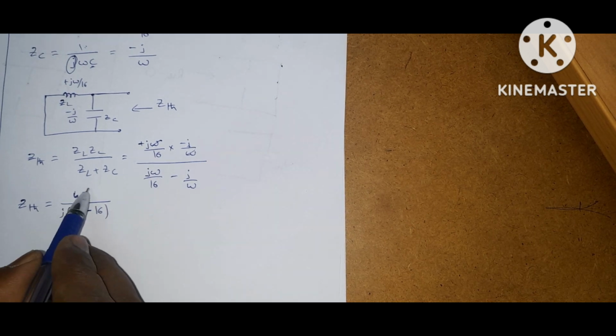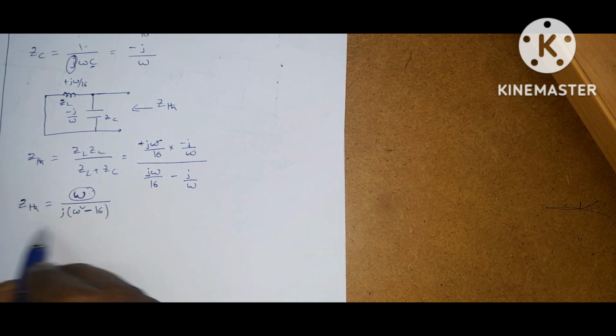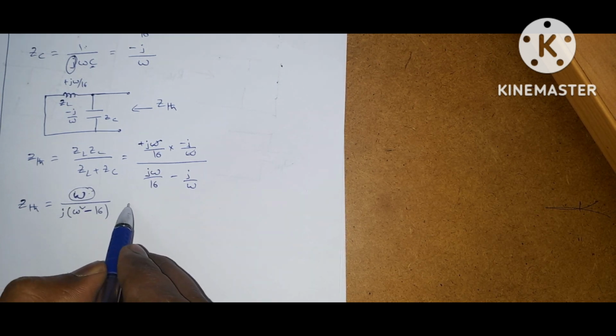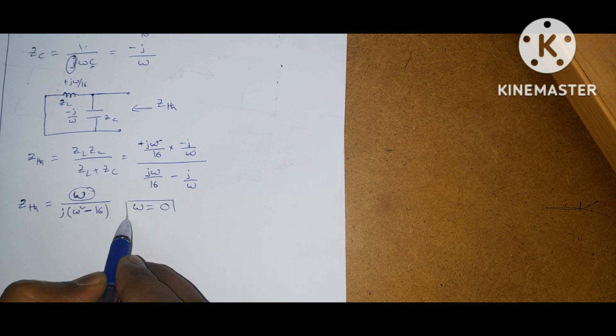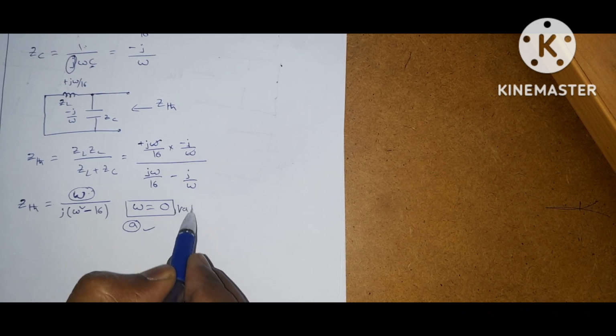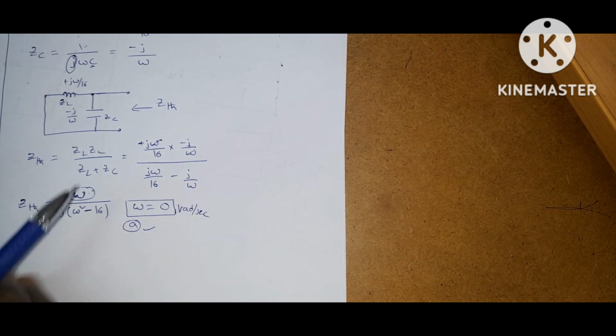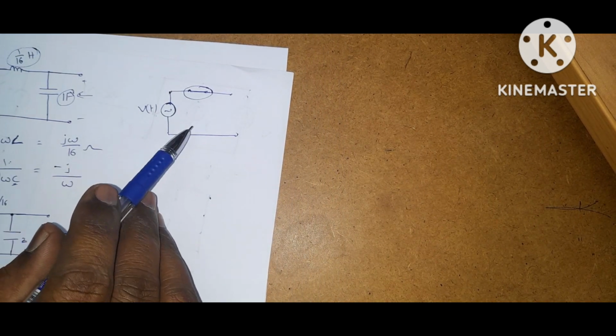When this impedance becomes 0, if the numerator becomes 0, then the total impedance becomes 0. So what is the numerator? Omega is equal to 0. So what is the option? Option A is the correct answer. If omega equals 0 radians per second, then the network becomes an ideal voltage source.